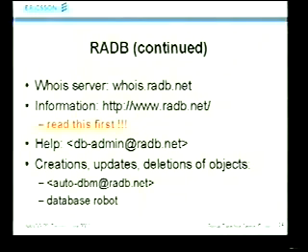Creations, updates, and deletions of objects, that's records in the database, go to auto-dbm@radb.net. This is where you send this simple text file of the record for the database. However, this is a robot, so don't send any questions to this. Okay?